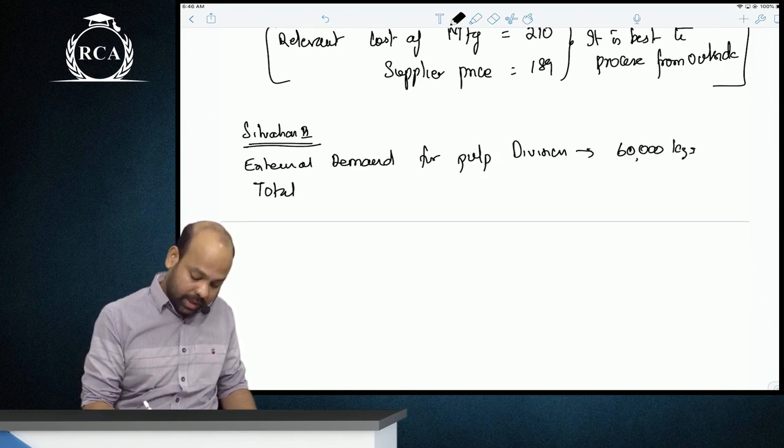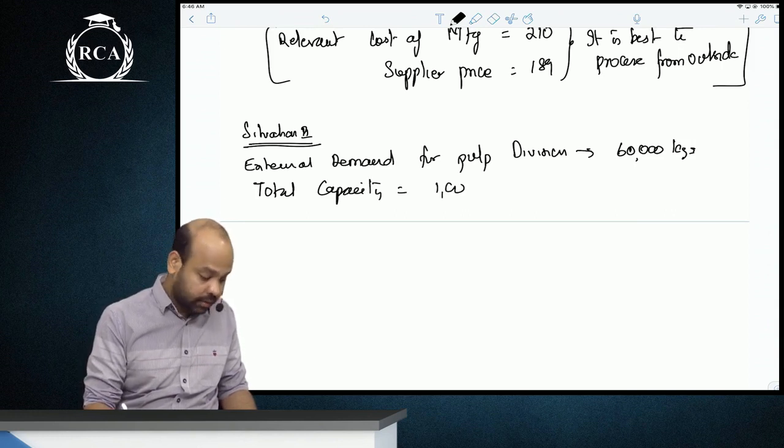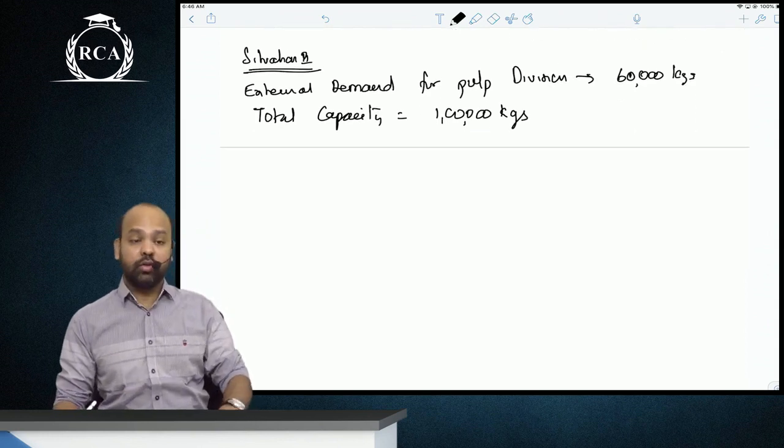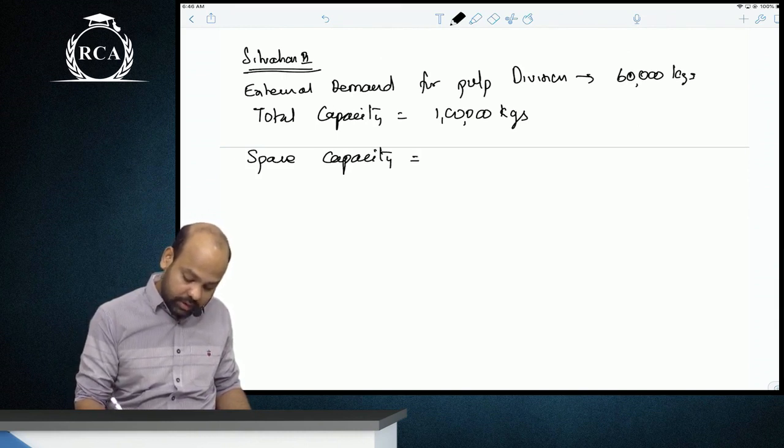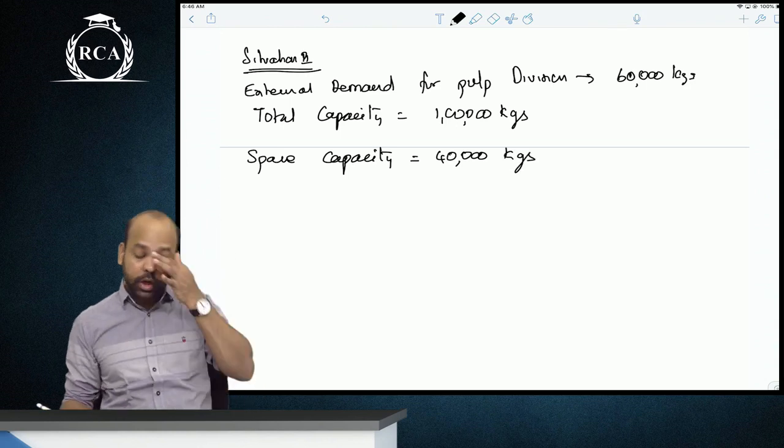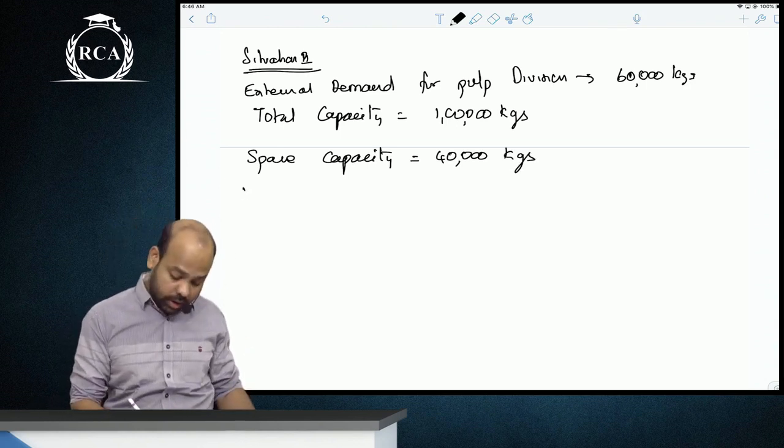Our total capacity is how much, beta? Sir, our total capacity is 1 lakh kg. So what is the spare capacity that we have? Sir, if out of 1 lakh kgs external demand is for 60,000 kgs, we have a spare capacity of 40,000 kgs. Okay, sir. So what is the requirement of carton division?